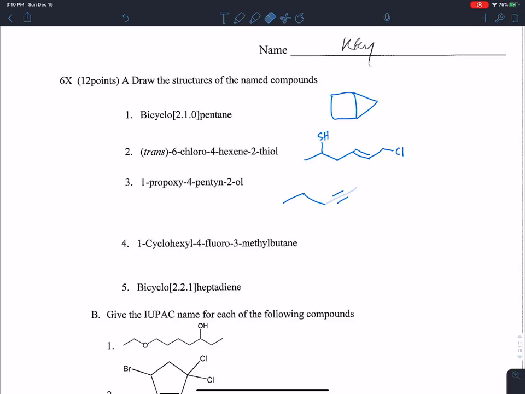Okay, so total is pent, so we're gonna make it like this. Okay, so now I have 1, 2, 3, 4. So on 4 I have a pentyne, 2 is the ol, so like this, and then 1 is a propoxy, which is oxygen, and then like 3 carbons, like that. Okay, super weird, super long, but there it is. Just like that.